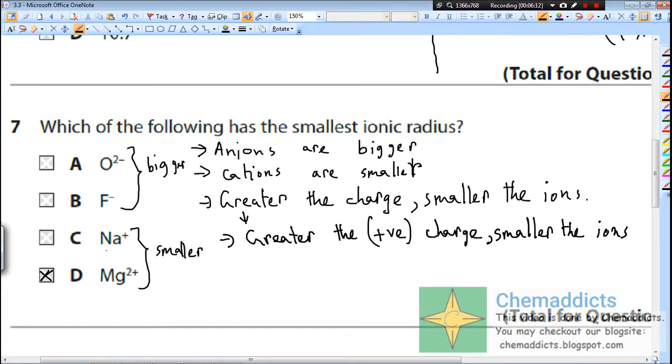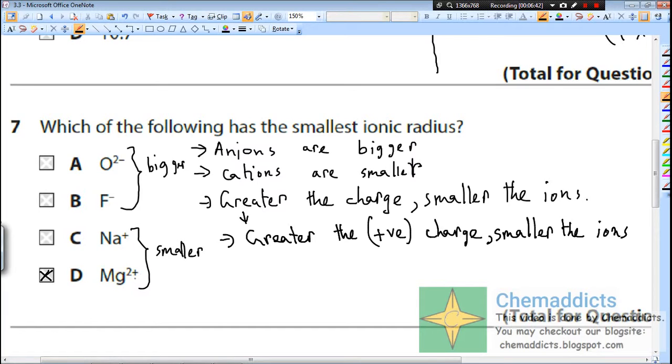Most of the students might think that sodium might be the answer. No, no, no. That's because the sodium ion has less charge than magnesium, so it would be bigger relative to the magnesium ion.